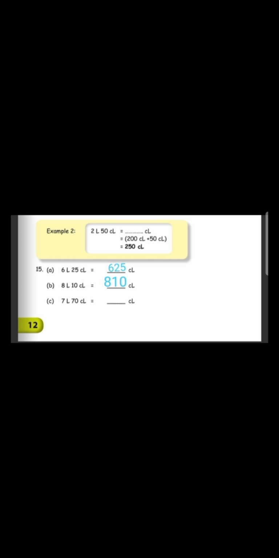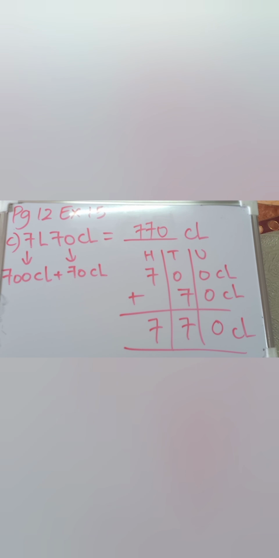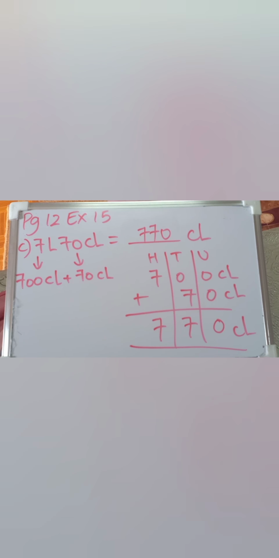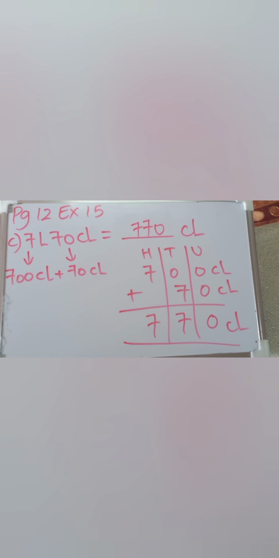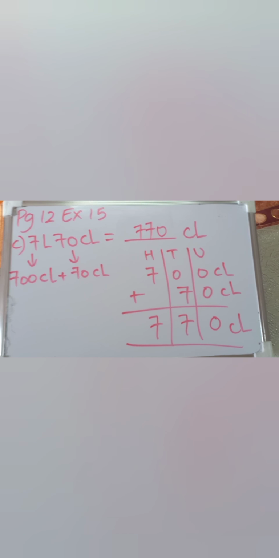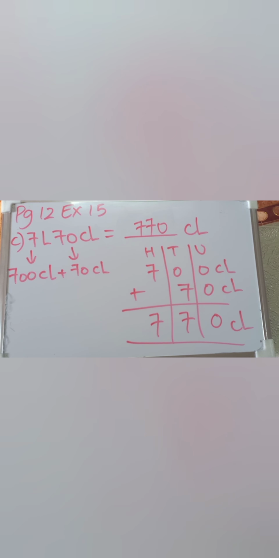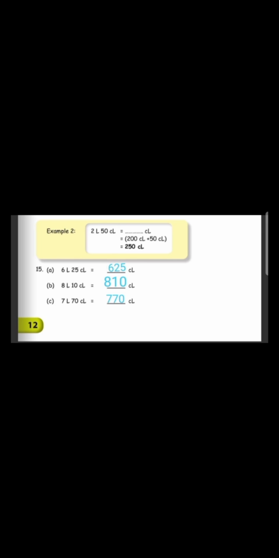Let us work it out together. So 700 centiliters plus 70 centiliters is equal to 770 centiliters. This is how it should be in your copybook with the workings as well. That is the calculation part.